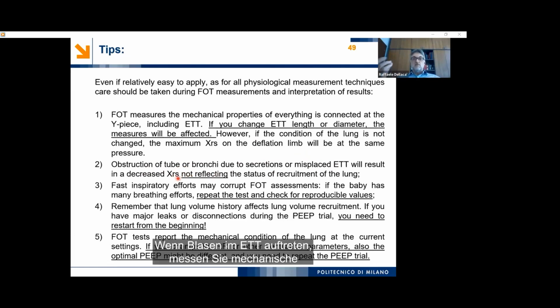If you have a bubbling ETT, what you are going to measure is the mechanical properties of something completely different from a clean lung. So before doing a FOT test, it's important that you are sure that the tube is well positioned, and eventually, if there are many secretions, it's better to do a suction.